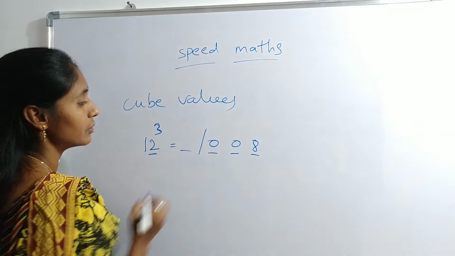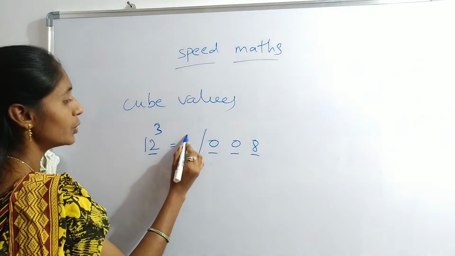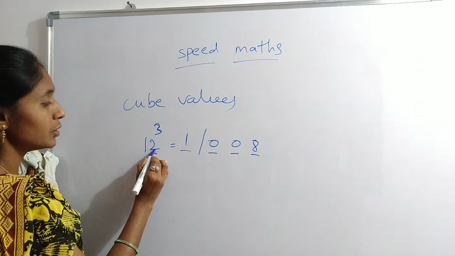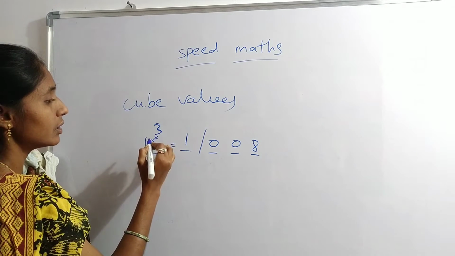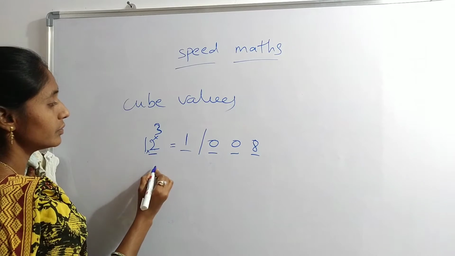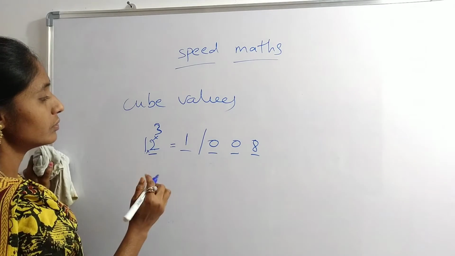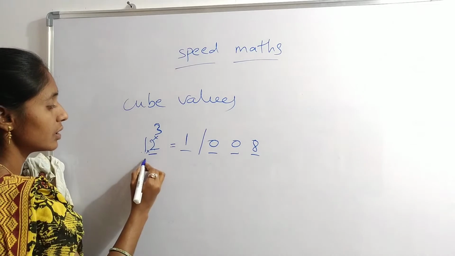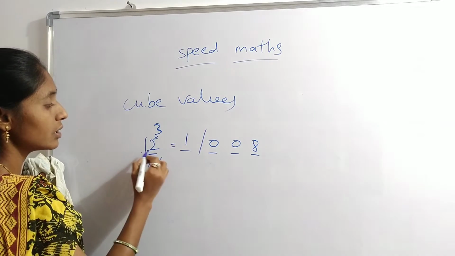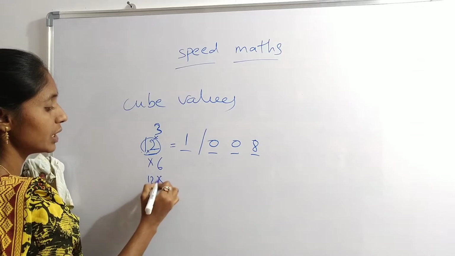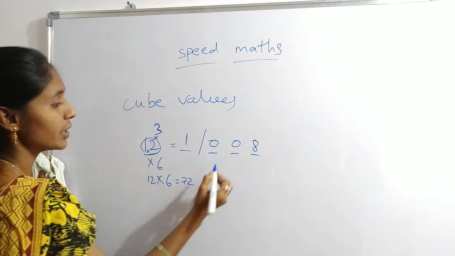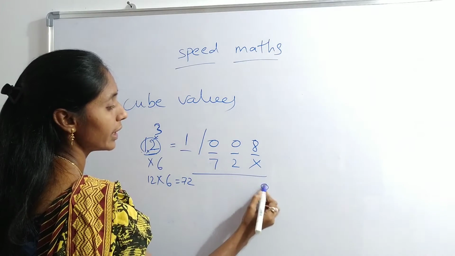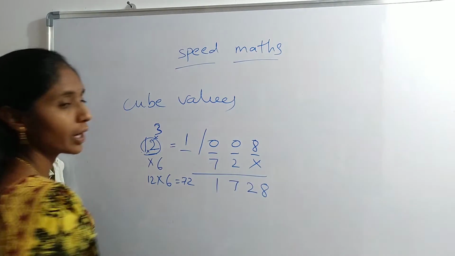Keep zeros here. 1 cube is 1. Now 1 two is 2, 2 threes are 6. Multiply 6 with this 12. 12 into 6 is 72. Again leave space here. So 1728.